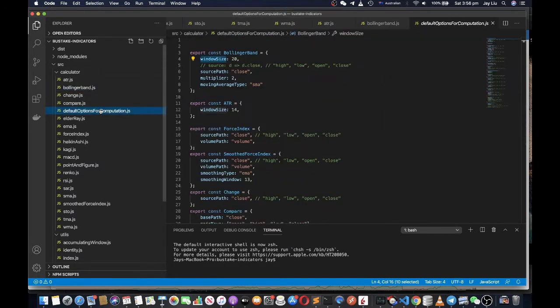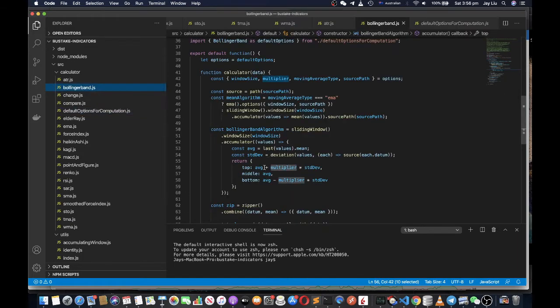It's also from here. Oh, this is the multiplier. The multiplier is a constant value. It's 2. In this setup, the value is 2. Okay, we come back. So it's average plus 2 times the standard deviation.